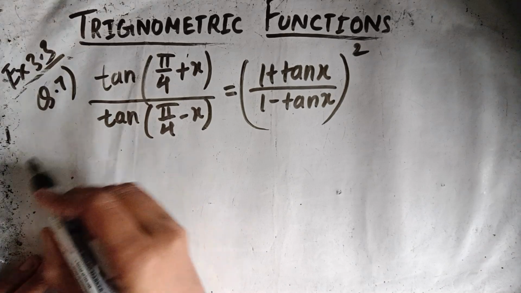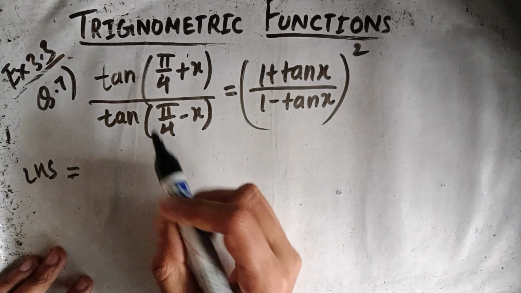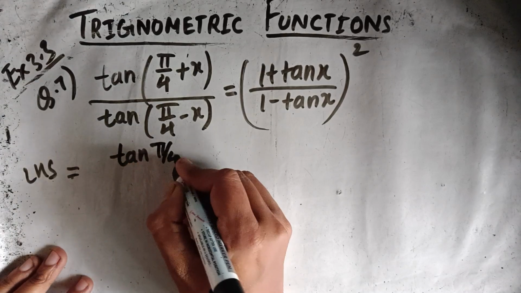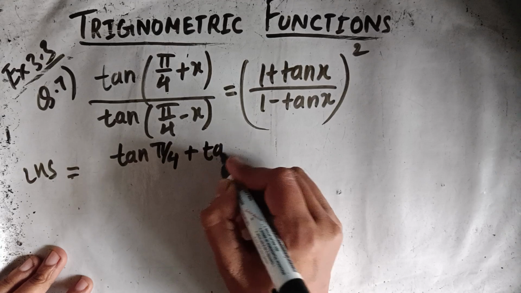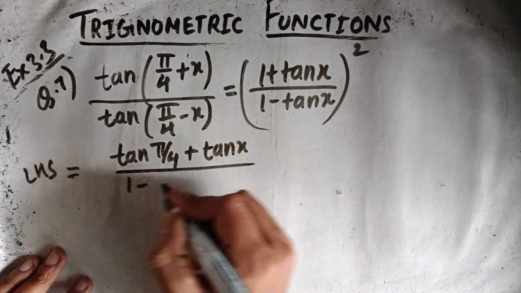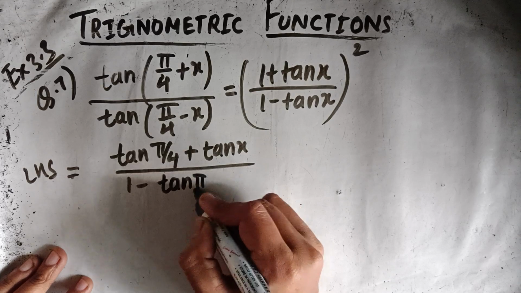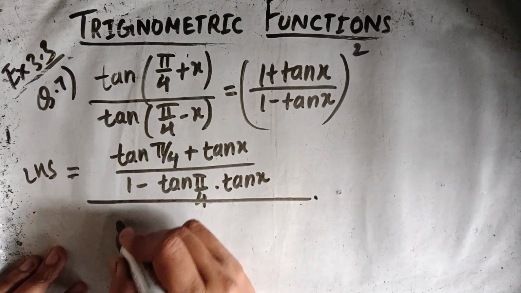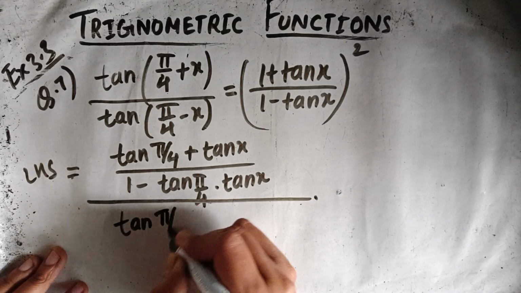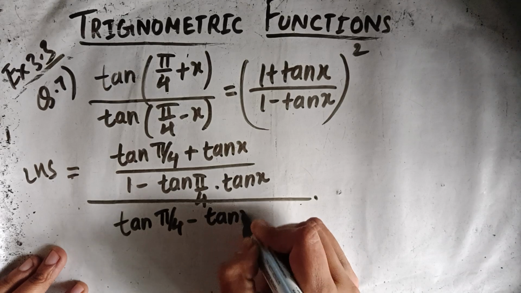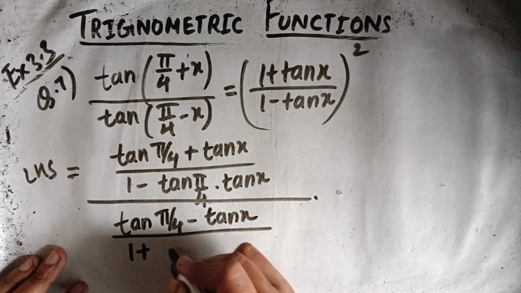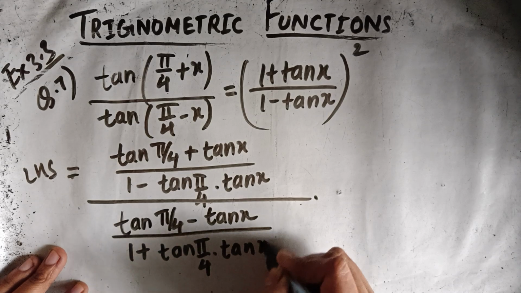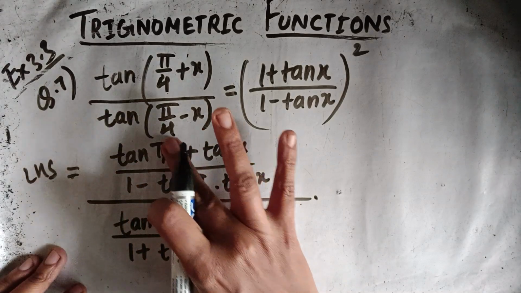Whole square. So start with left hand side. Tan A plus B formula: tan A plus tan B on 1 minus tan A into tan B. And tan A minus tan B upon tan A into tan B. Tan pi by 4 is 1.